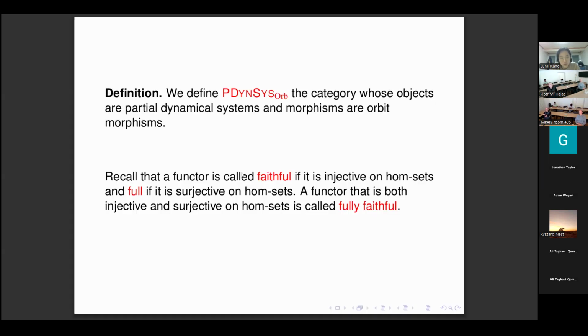So what I'd like to say is that we can form a category denoted by PDS, where the objects are partial dynamical systems and the morphisms between them are orbimorphisms.